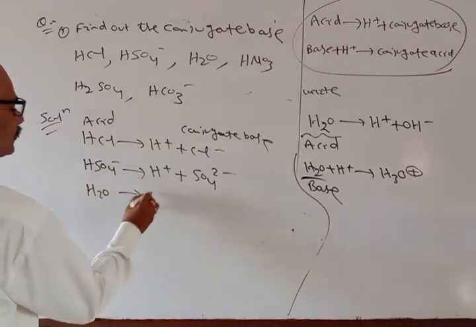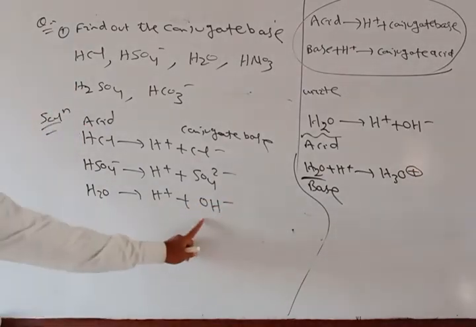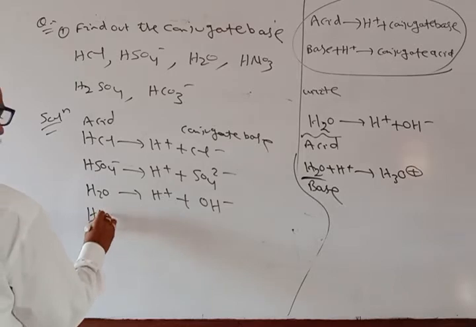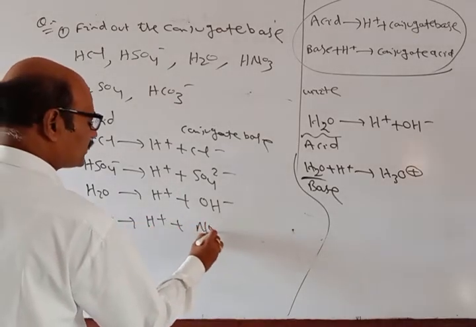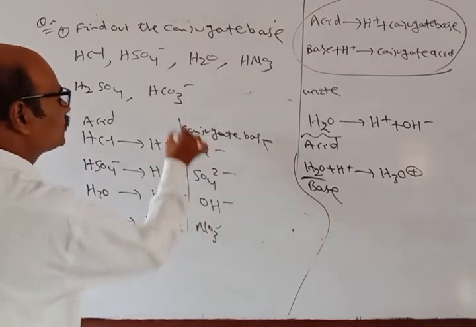H2O gives H plus and OH minus ion is the conjugate base. HNO3 gives H plus and NO3 minus is the conjugate base. So these are the conjugate bases.